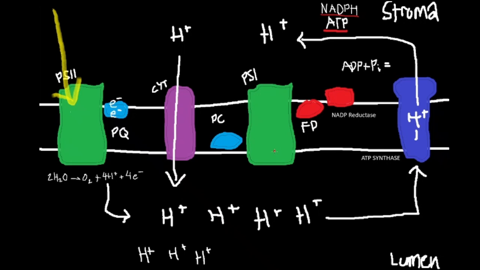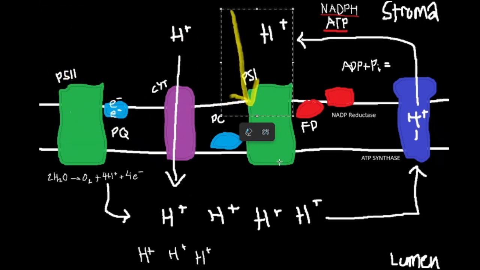It's going to move here, and since there's no energy now, it's going to get hit by the sunlight again and go up again. It's going to go to another electron carrier, the ferredoxin, and then to this enzyme, where it combines with the external compounds of NADP plus and the protons to make NADPH.